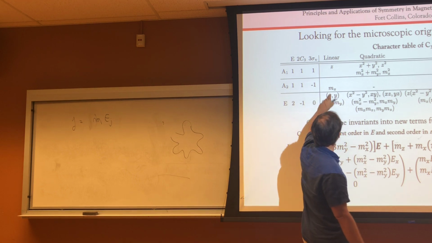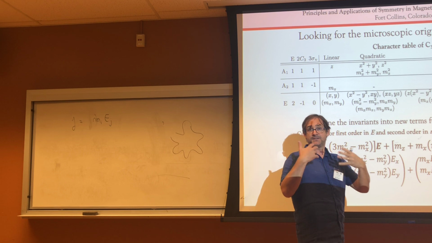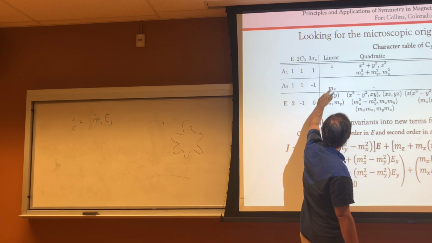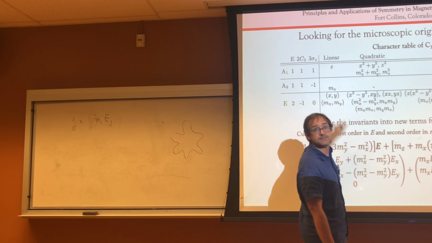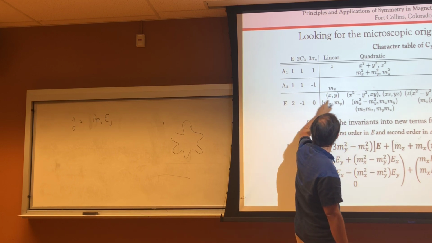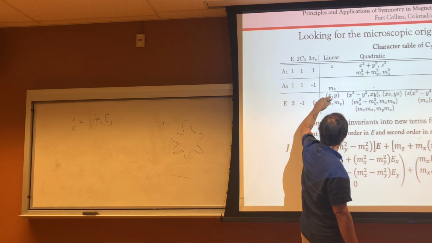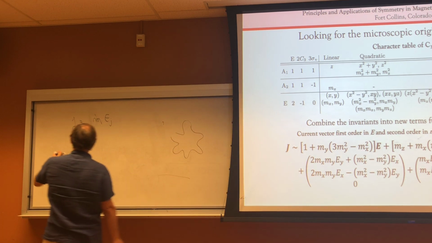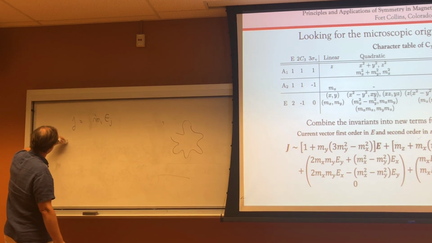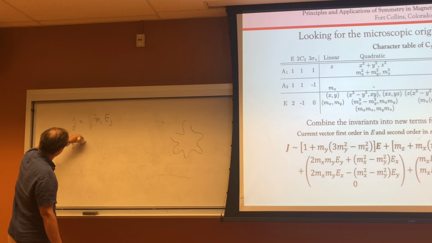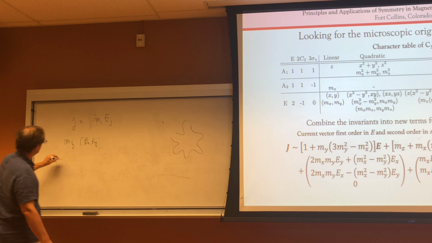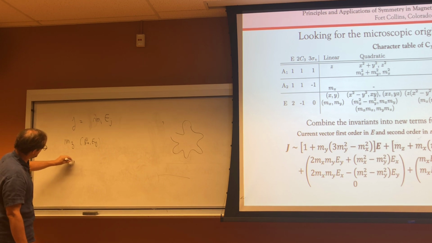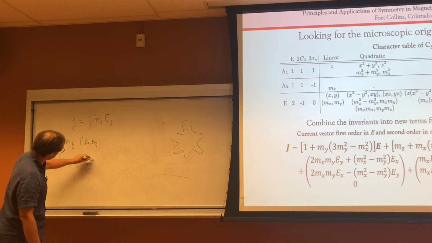We can combine Mz with an electric field, or Mx, My with the electric field. So we have two kinds of constructions: Mz multiplied by Ex, Ey, and Mx, My multiplied by Ex, Ey.